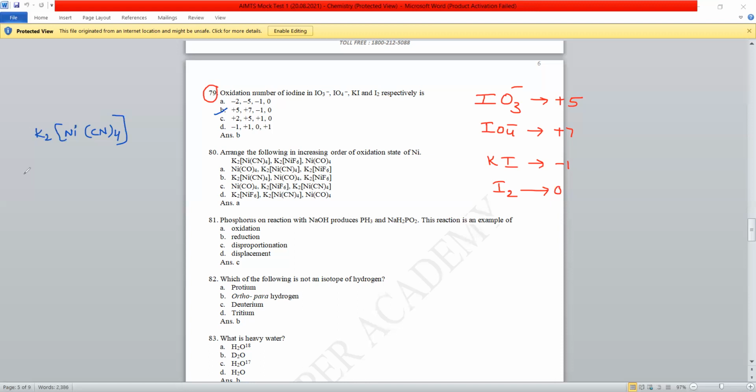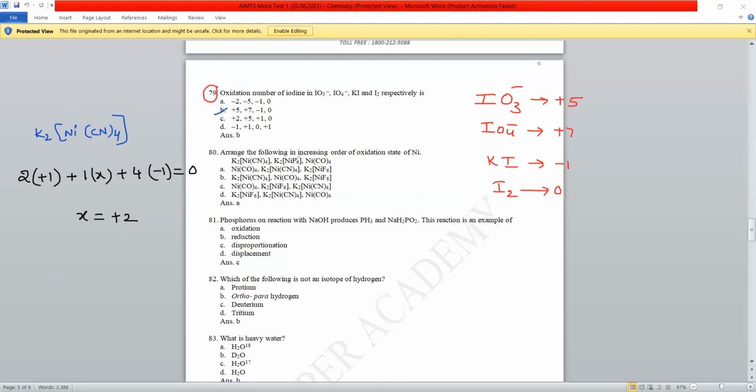We have 2 potassium ions, each potassium ion charge is +1, plus nickel, whose charge we don't know, so 1 nickel into X, and 4 cyanides, each cyanide charge is -1. That we have to make equal to 0. On simplification, we get X equal to +2 oxidation state.